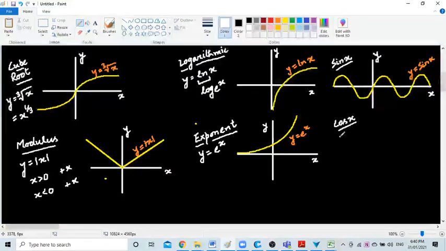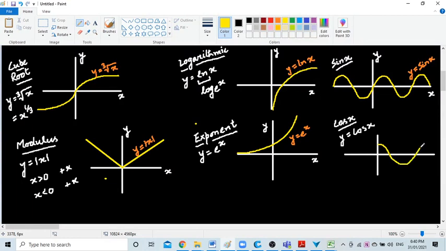So the function can be written as y equals cos x. The next one is tan x.